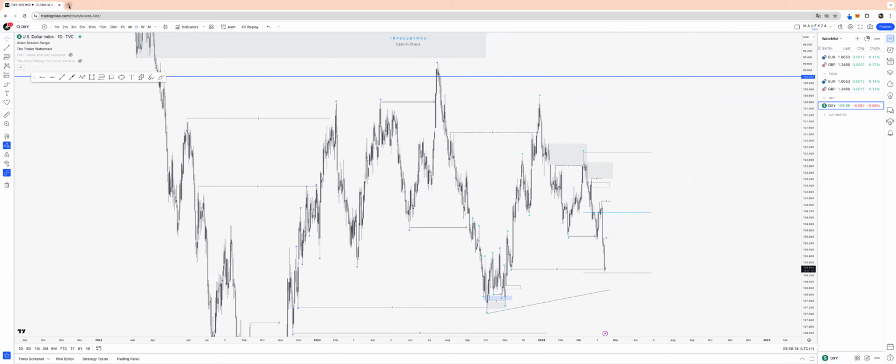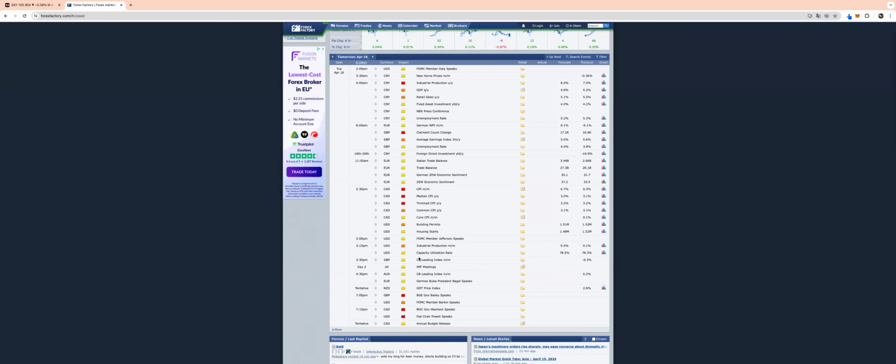Now, what we should do is look at the news. Producer price index for the Swiss franc. I thought there was some GU news today, but probably tomorrow then. Yeah, there's a lot of news tomorrow.